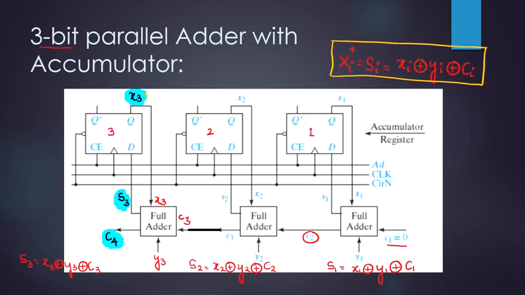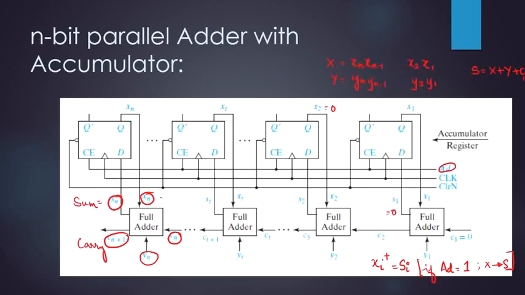Similarly, X2 plus is equal to S2, and X1 plus is equal to S1. In an n-bit adder, in general, Xn plus will be equal to Sn.